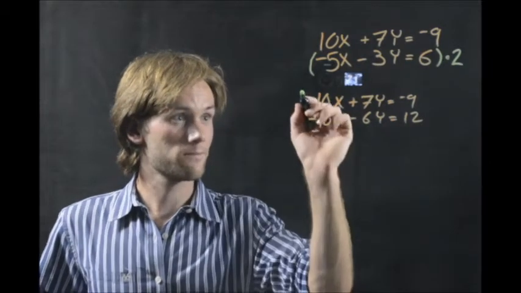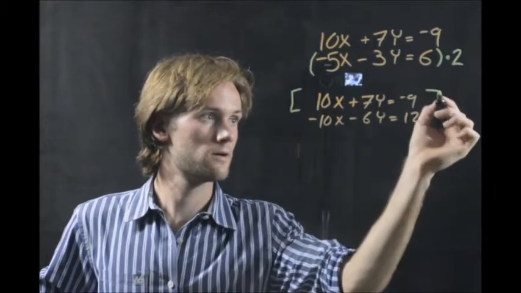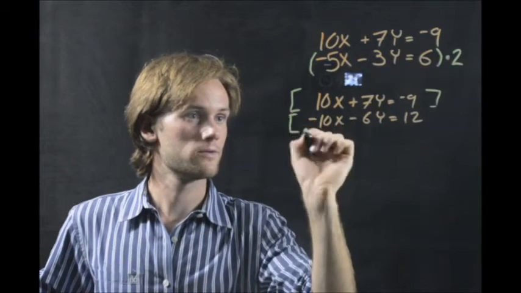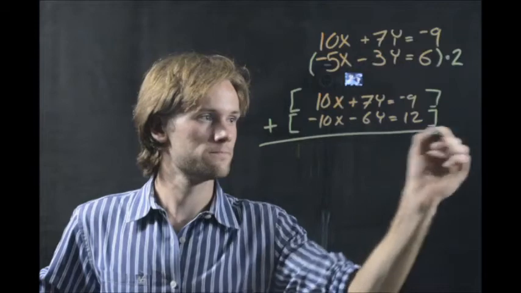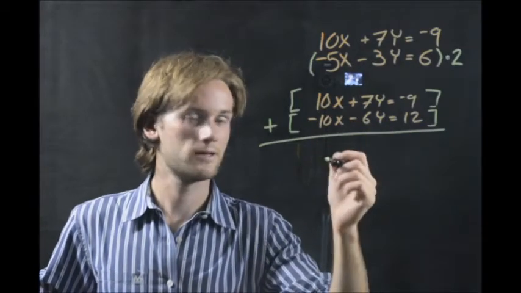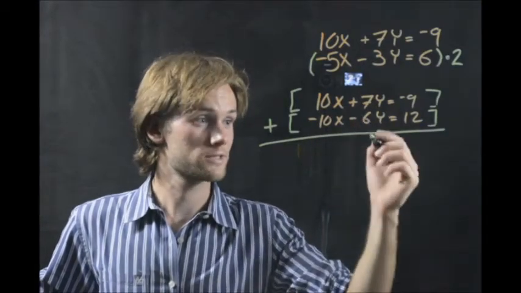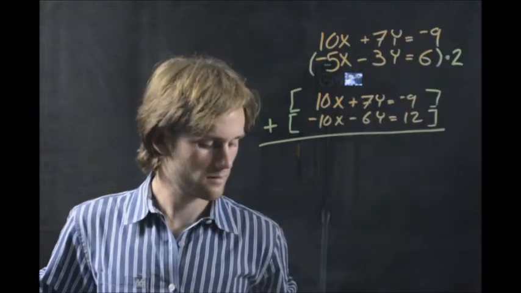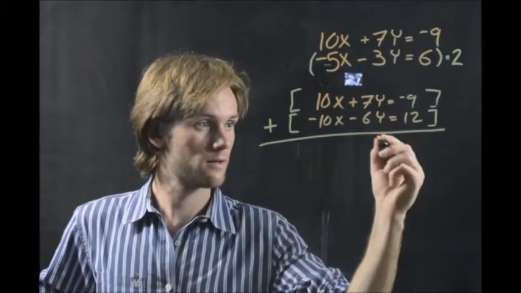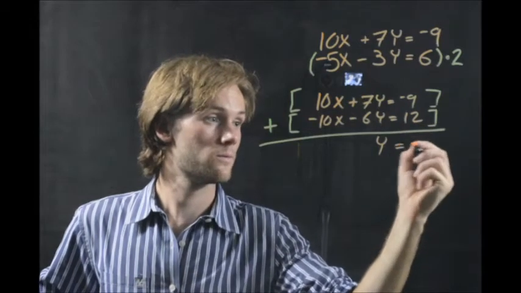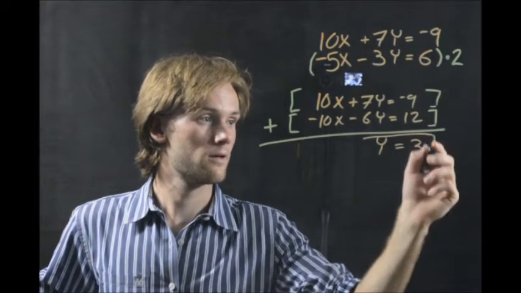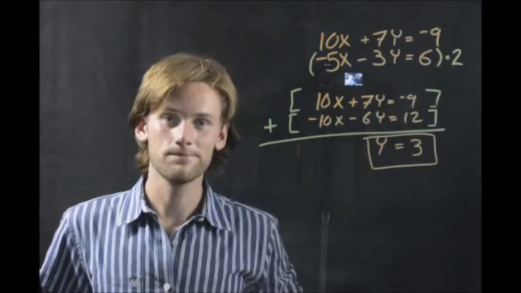So let's write it out. We've got our first equation, and we're going to add that to our second equation. 10 minus 10, no x. 7 minus 6, we have a y. Negative 9 plus 12, y equals 3. Have our answer already.